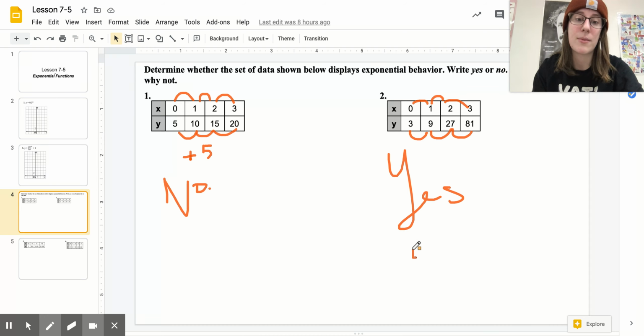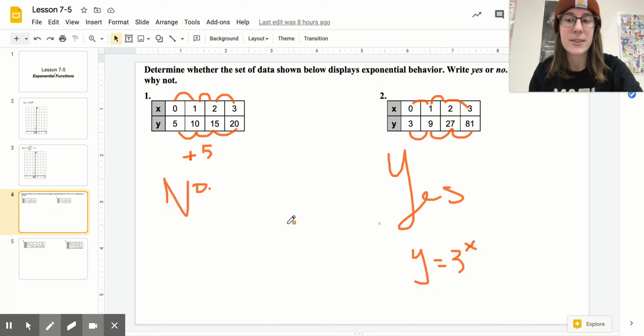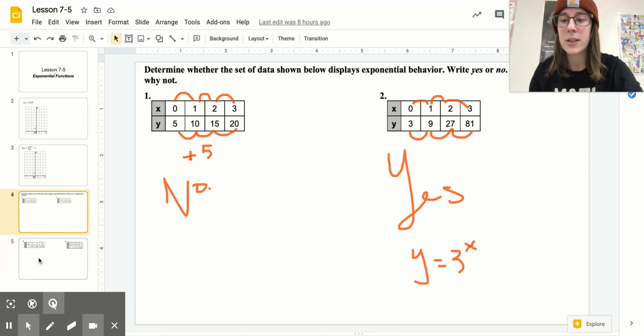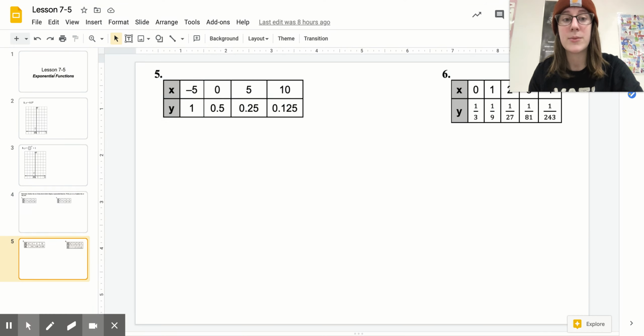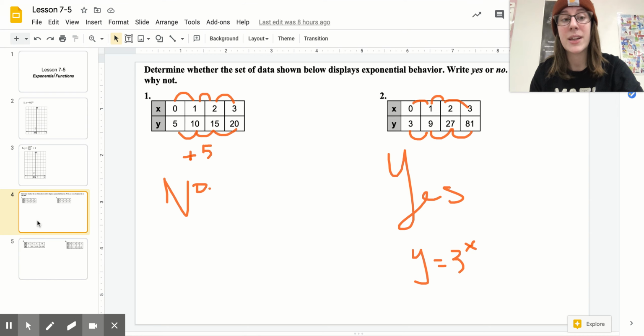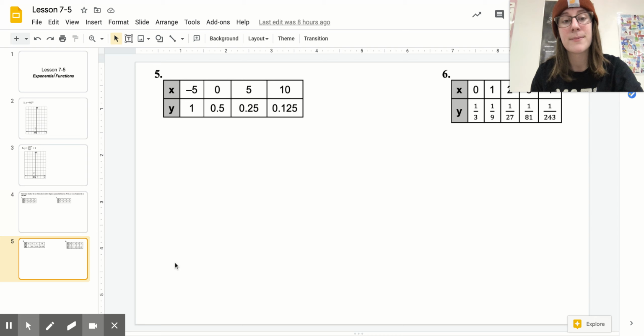So this would be a y equals 3 to the power x problem. You don't have to write that down, but that's just what I noticed from this. I'm going to show you just a couple more. Try 3 and 4 really quick, and then I'm going to go to 5 and 6, so pause me here.